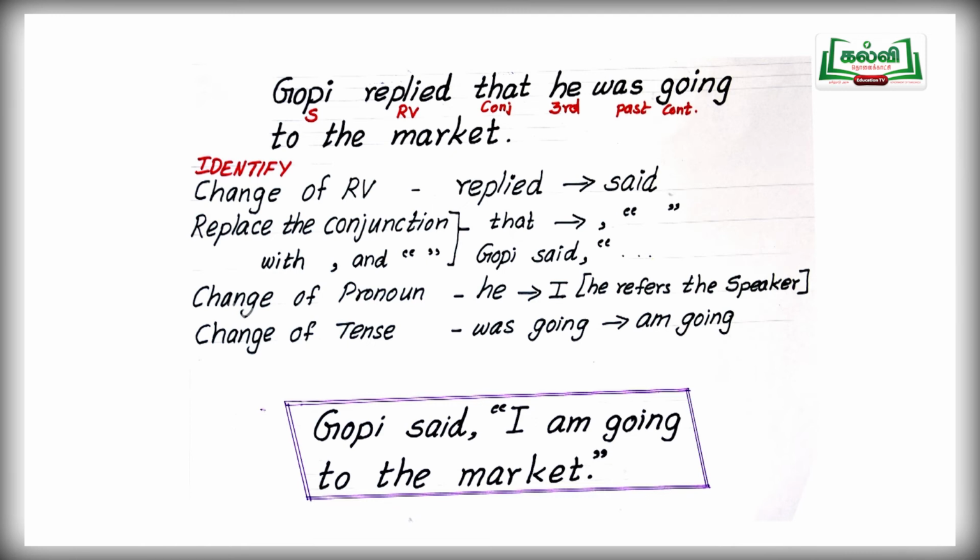Replace the conjunction with a comma and inverted commas. Then the sentence is: Gopi said, "... Change of pronoun: "he" becomes "I", as he refers to the speaker. Change of tense: "was going" becomes "am going". Then the sentence is: Gopi said, "I am going to the market."